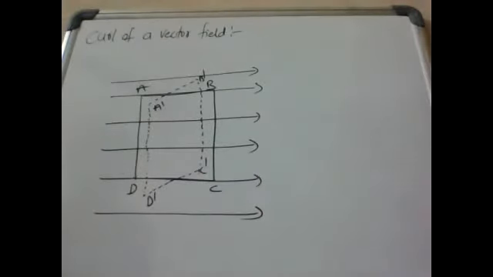So here we have two areas A, B, C, D and A dash, B dash, C dash, D dash.